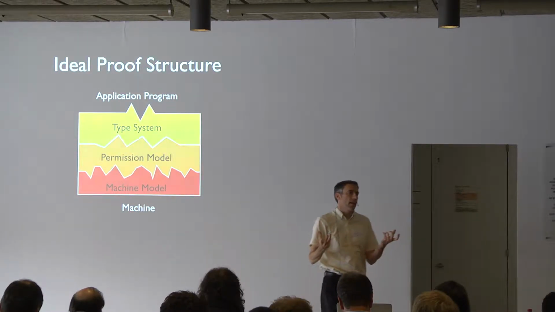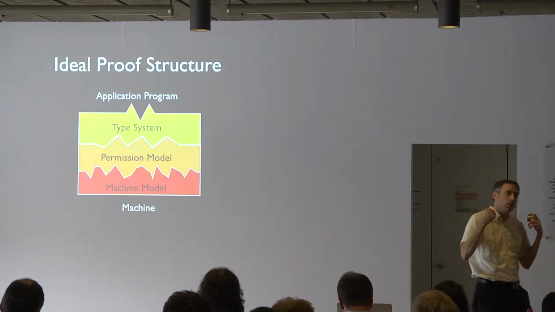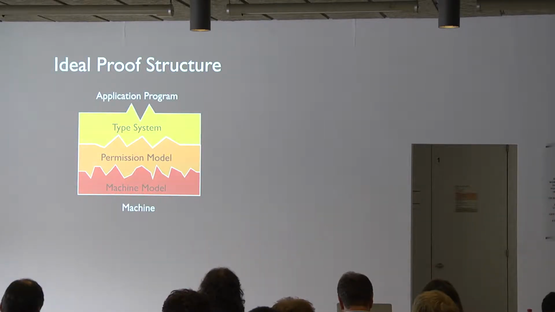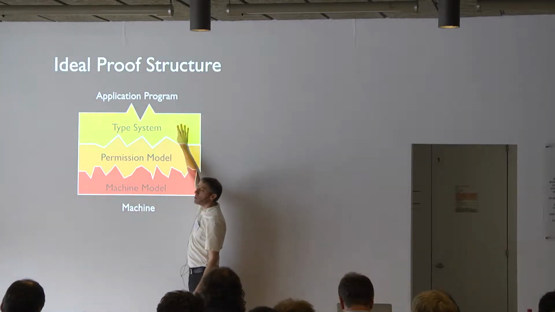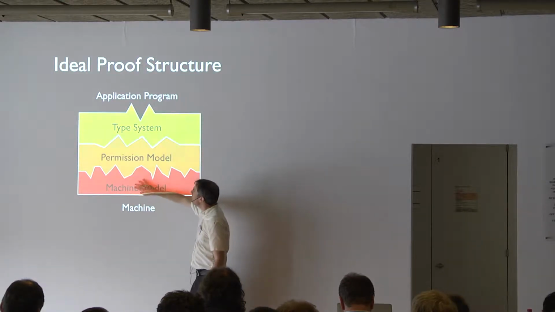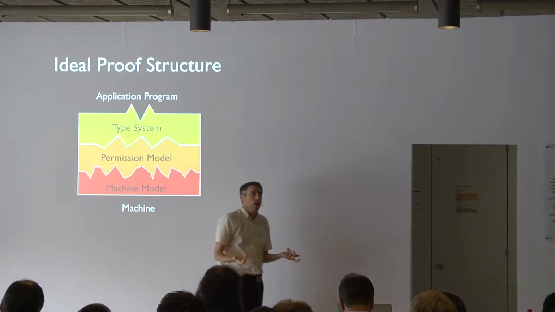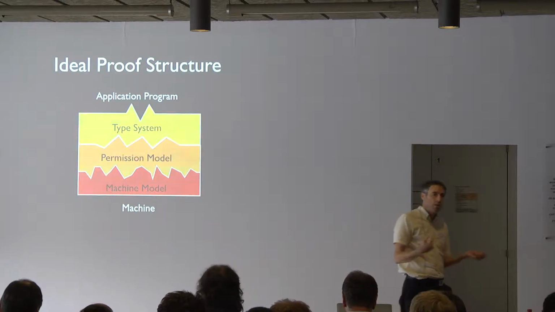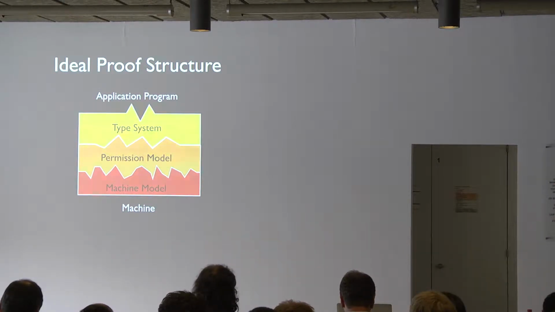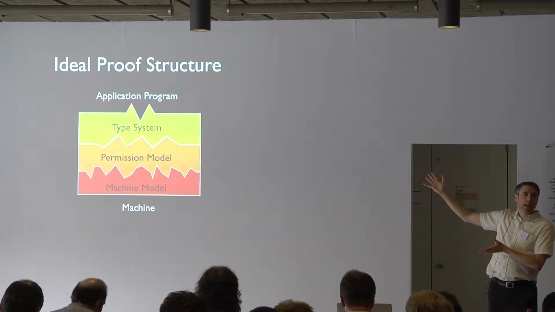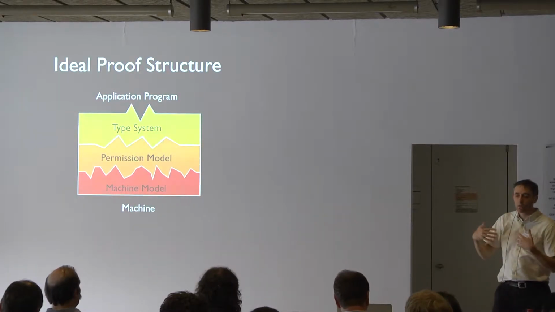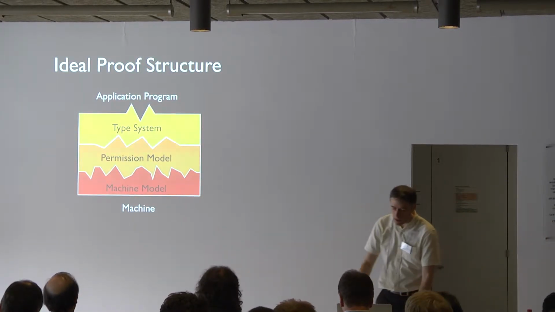This is the ideal we're looking at, the proof reuse idea, so that the correctness of the type system with respect to the permission model can be completely reused, and in other words, the programmer can be oblivious of these lower levels. And then we want to show that the permission model is sound with respect to a machine model, which insulates us from the actual machine. So this is an ideal with respect to some requirements you may have for your programming system. There may be other reasons you may not want to follow this, which is fine.